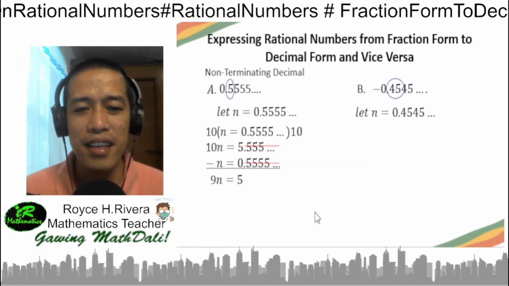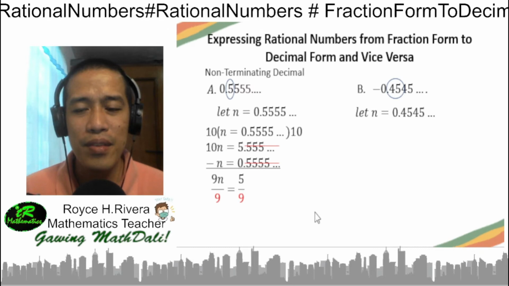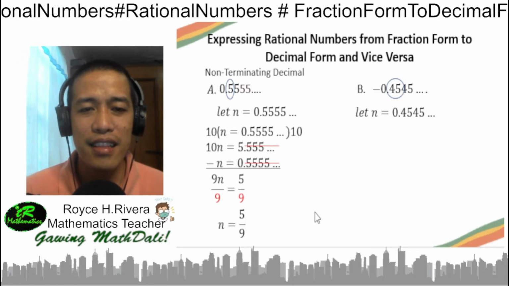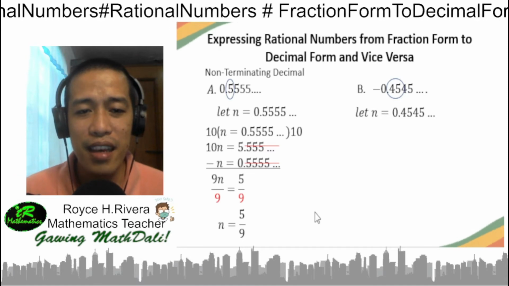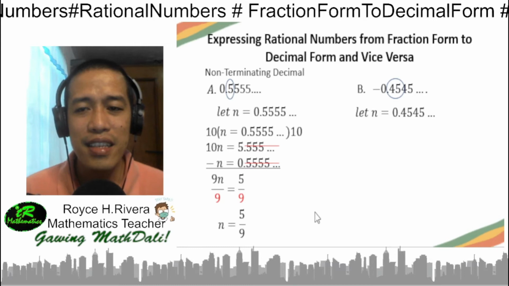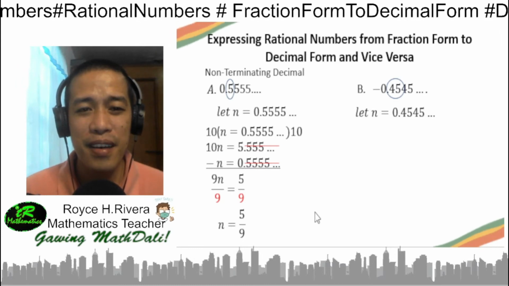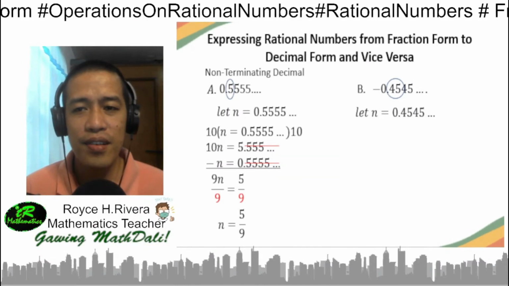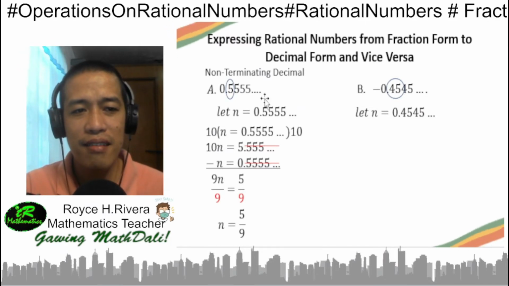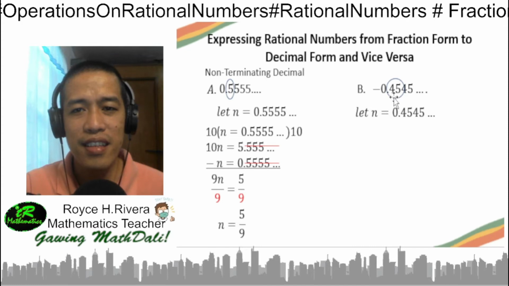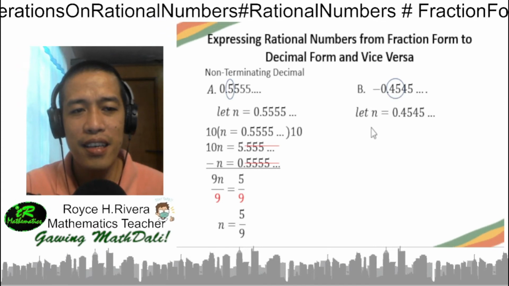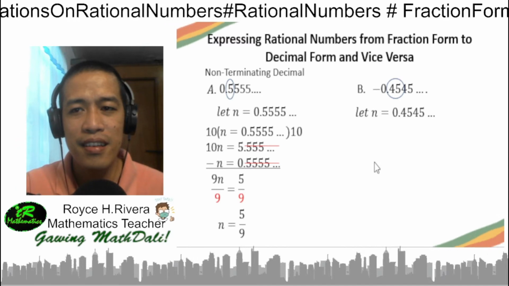Dividing both sides by 9, we will obtain n is equal to 5 over 9. 5 over 9 is equivalent to the non-terminating decimal 0.55555.